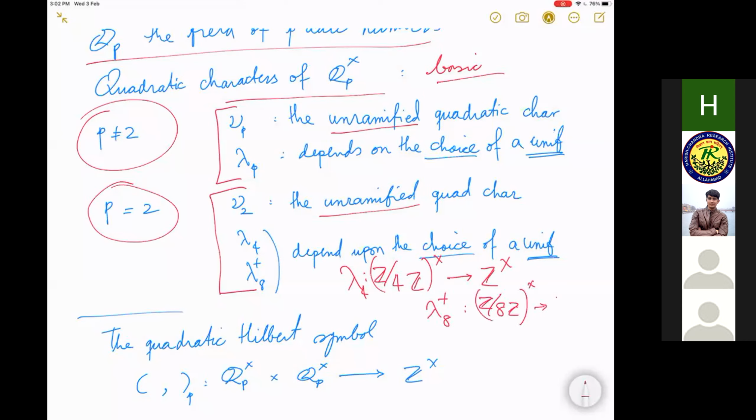You first go modulo Z star here, and then that's a group of order 2, so it's isomorphic to Z star. Here lambda 4 is also an isomorphism, and these two give rise to quadratic characters of Q2 star.